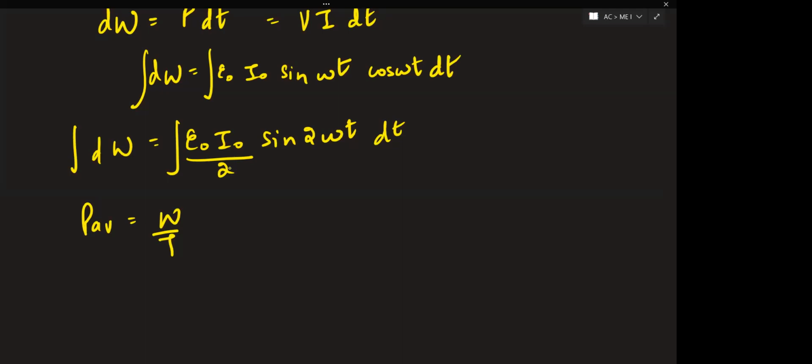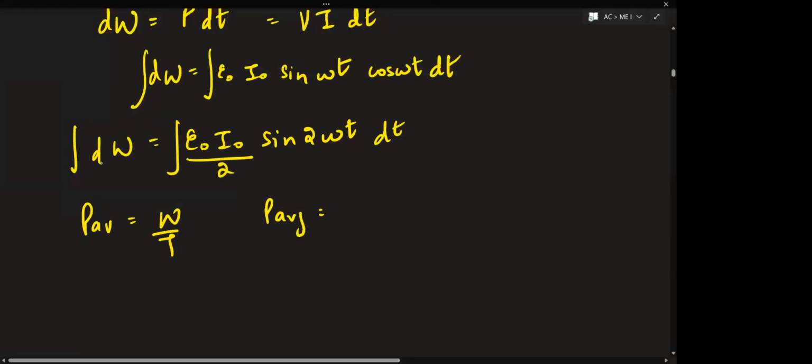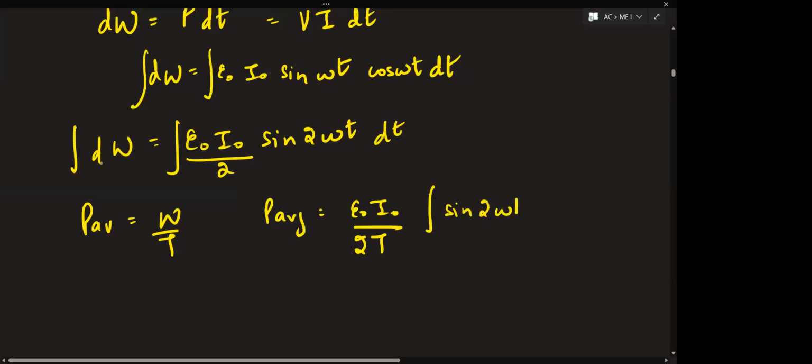Okay, so class, from here E naught I naught by 2 and one capital T will also be there for power. For work done it won't be there, for power it will be. So P average will be E naught I naught by 2, and this T will be taken common. We'll be left with the integration of sine 2 omega t dt.